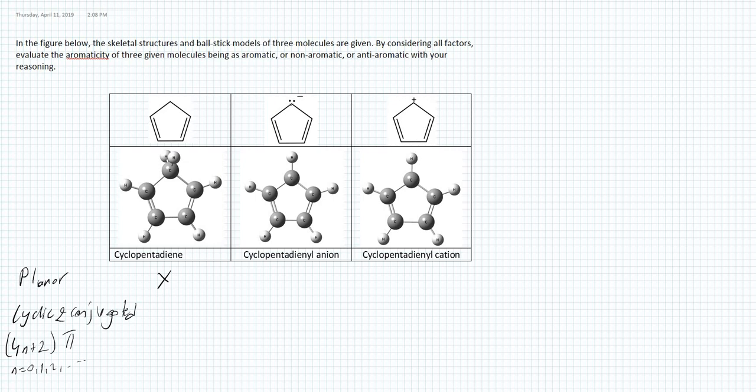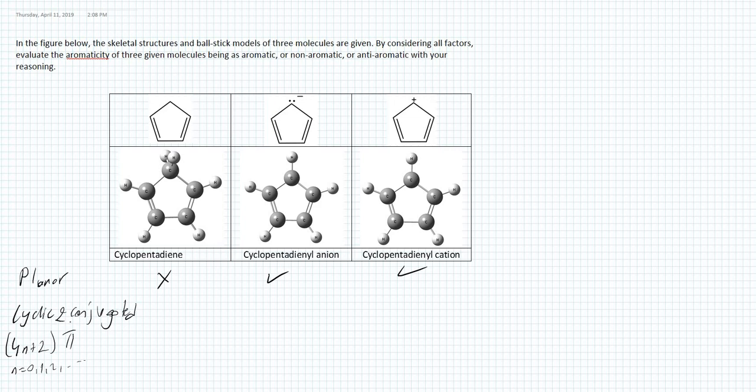This looks like an sp3 hybridized carbon, but we can write a resonance form by joining these two electrons here as a pi bond. For that reason, we can also consider this carbon as sp2 by considering the other resonance form. Say yes and yes. Two molecules are planar, one molecule is not planar.